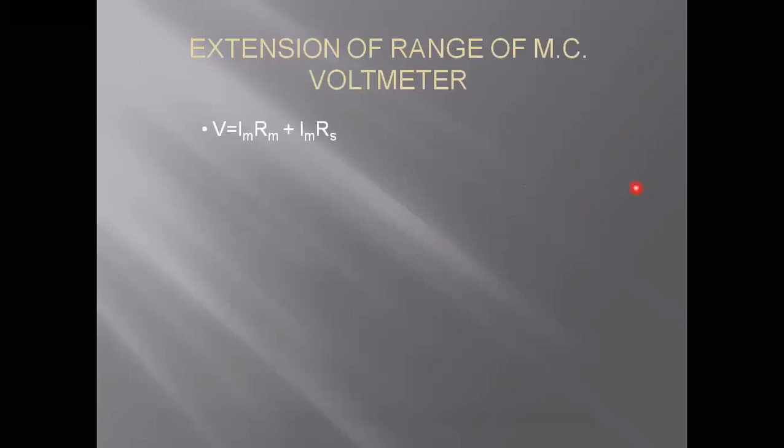For convenience, I'll draw the circuit again. I'll just draw the load side. This is the load, and we want to measure the load voltage, say it is V. I'm having a series resistance and I'm having an MC meter here.